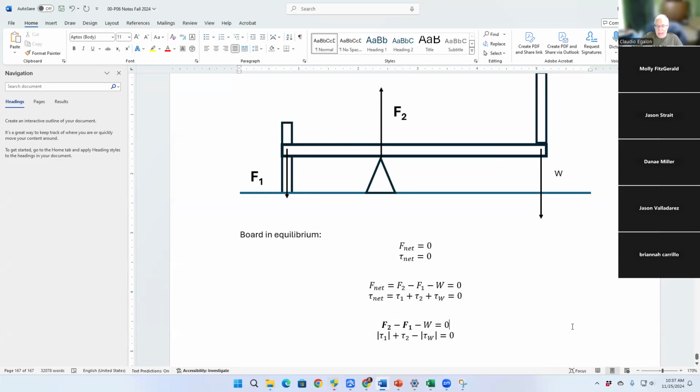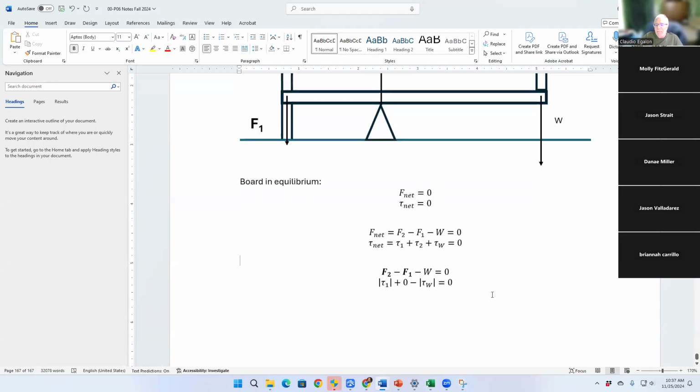And now we have to worry about this guy here. Because the point of rotation is this one right here, the axis of rotation, and the force is applied exactly at the axis of rotation, the torque of this force is going to be 0. Make sense?